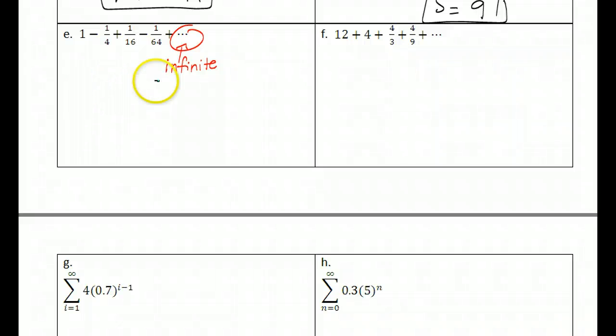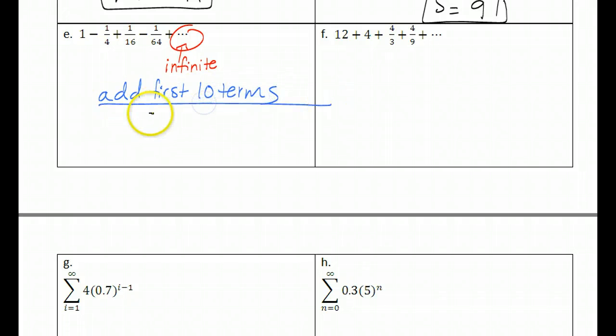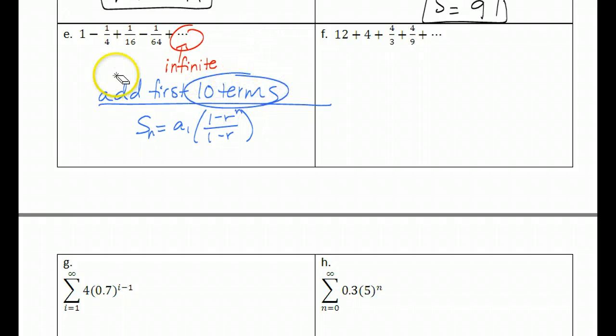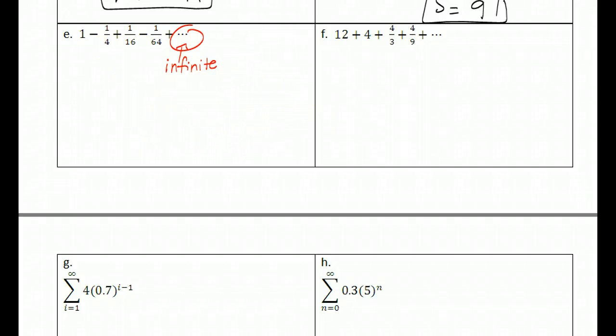Because you can take an infinite series, and let's say I said add the first 10 terms or something like that. If I said that, you would use the formula from last time. But if they do not specifically say how many terms I'm adding, we can assume it's infinite, so I'm using my infinite rules that I just taught you today.